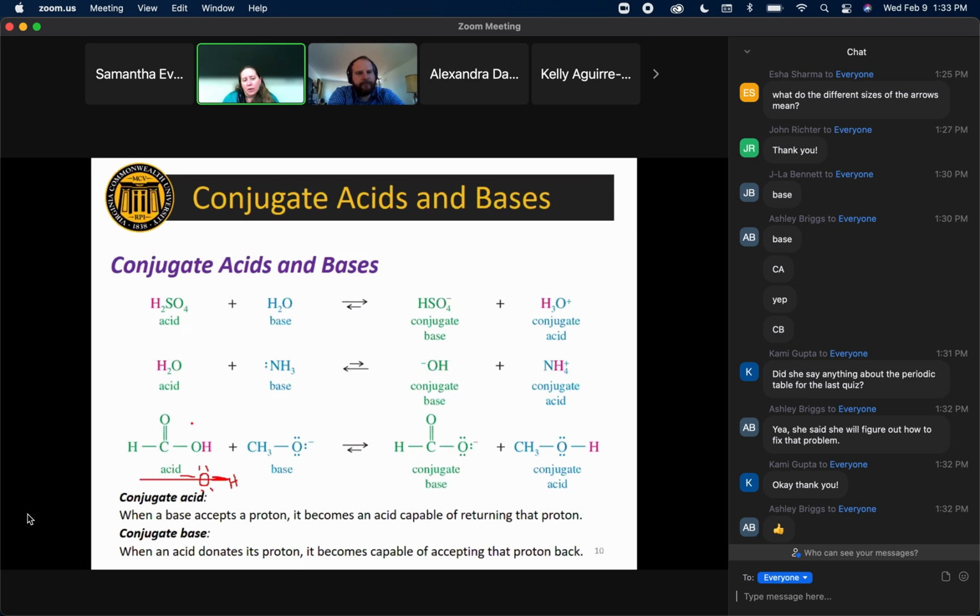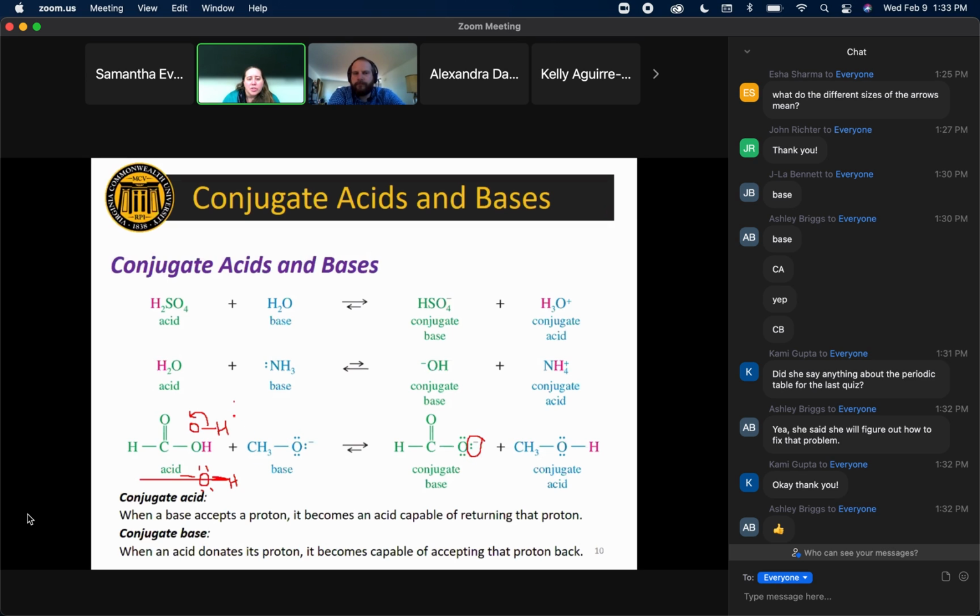So this OH represents a bond. And then in the case of this acid-base reaction, that bond is breaking. The lone pair that are in that bond are going to go back to that oxygen. They're going to be right here now.